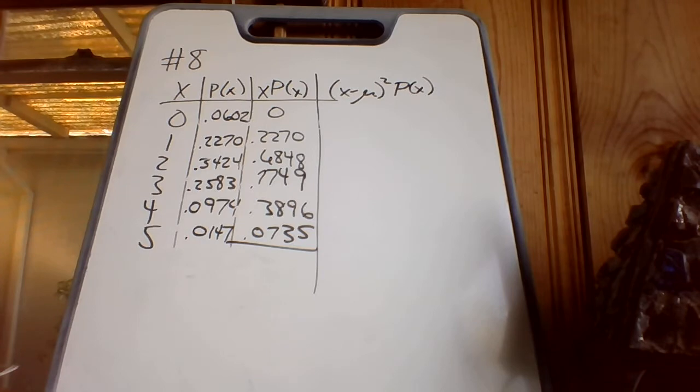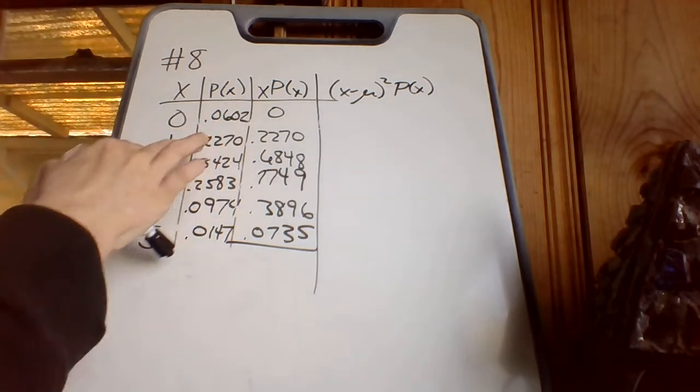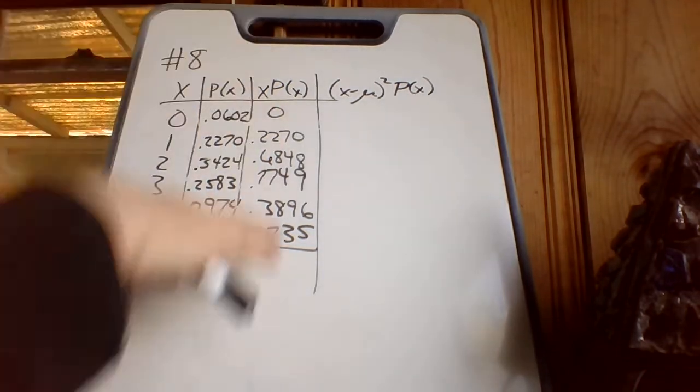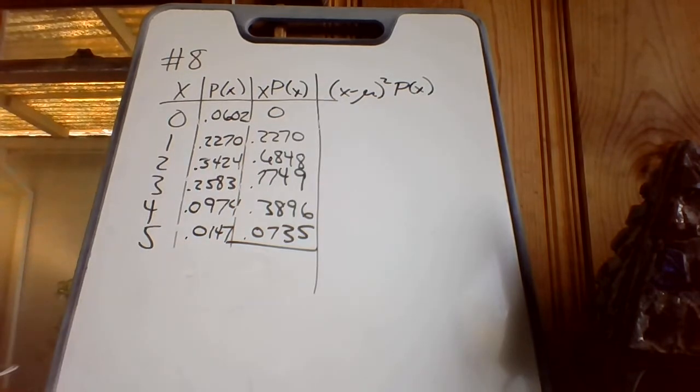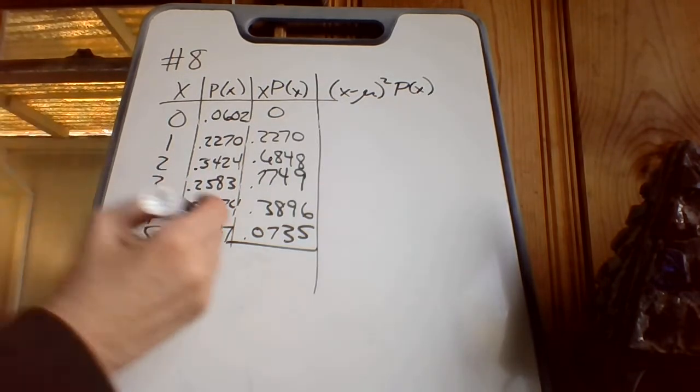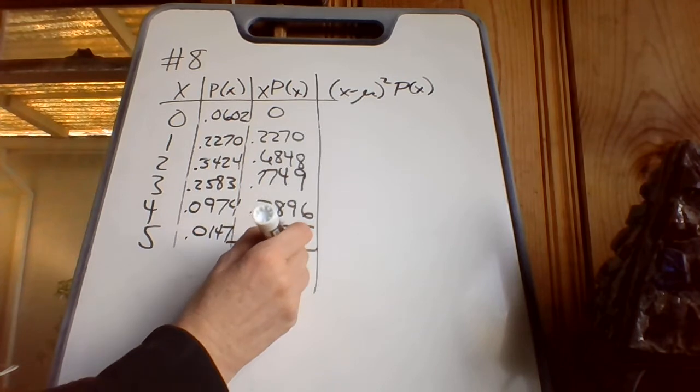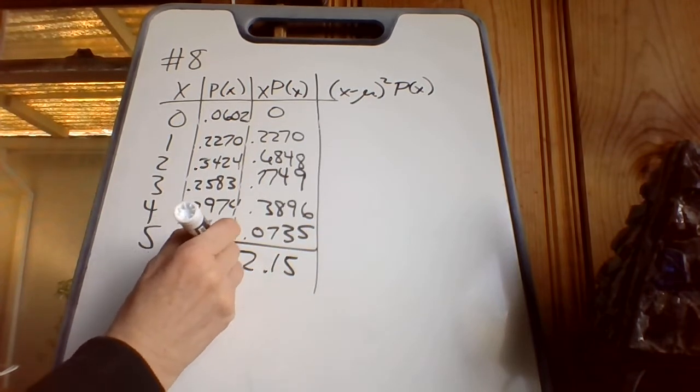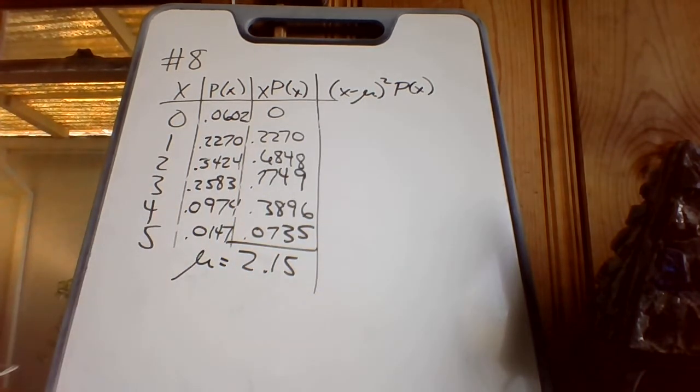Okay, and so I use my calculator, multiply, and then add all that up, and it comes out to 2.15. I might have rounded a little bit there. I think it came out to 2.148 or something like that.